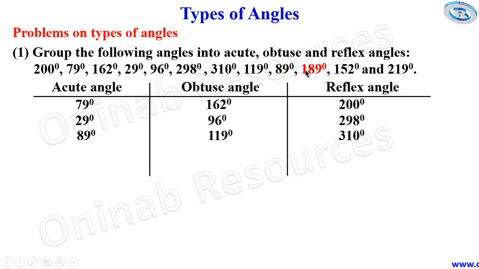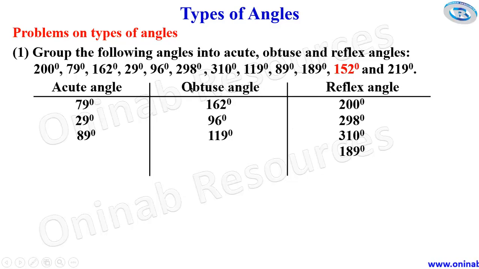189 degrees. 189 is greater than 180 degrees. So it is not acute, it is not obtuse, it will be registered as reflex angle. We have 152 degrees. 152 degrees is not a reflex angle.